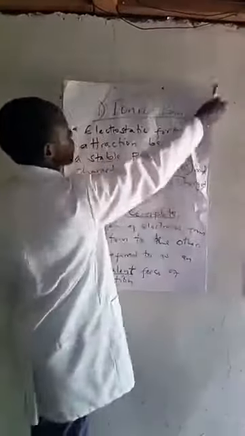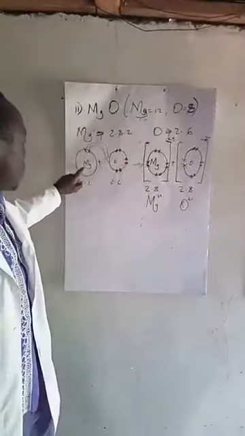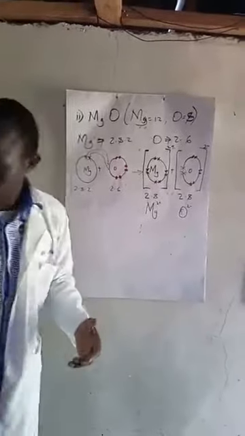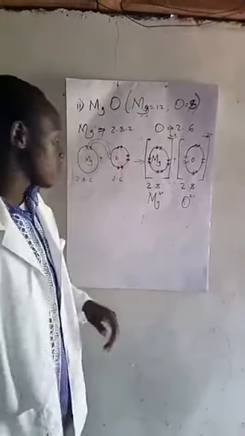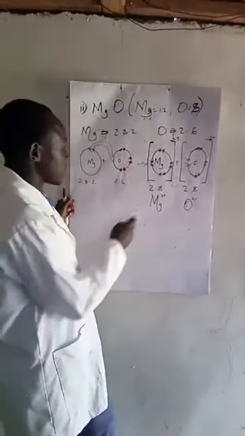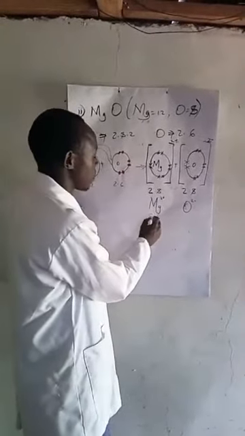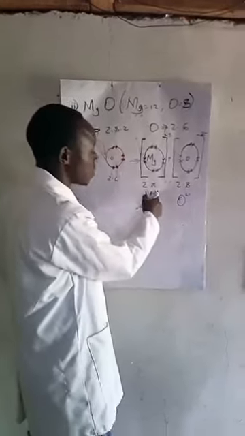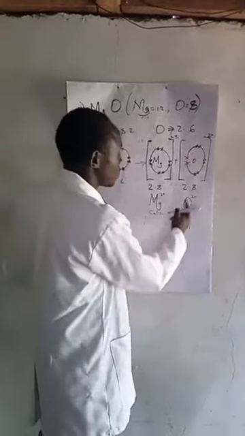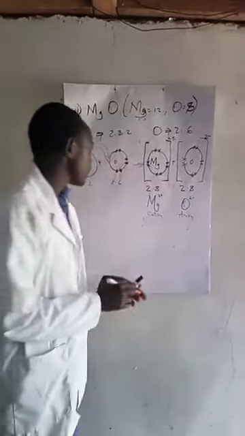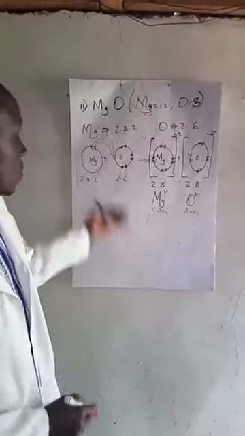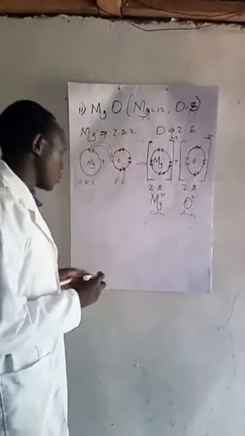So here there is complete transfer of electrons from magnesium to the oxygen atom. Magnesium now becomes the cation because it is positively charged. Oxygen becomes the anion because it is negatively charged. So that is illustration 2.